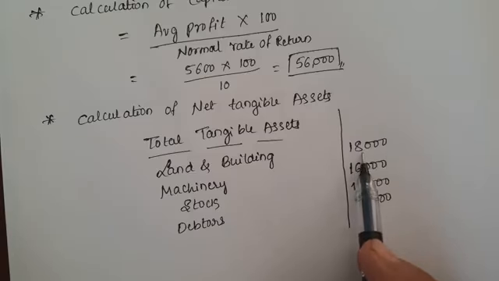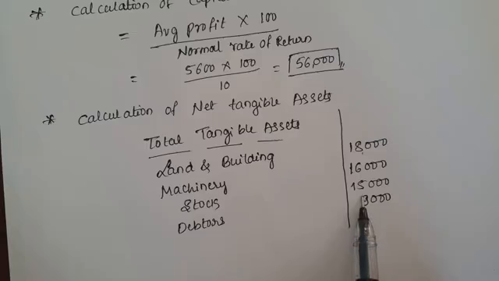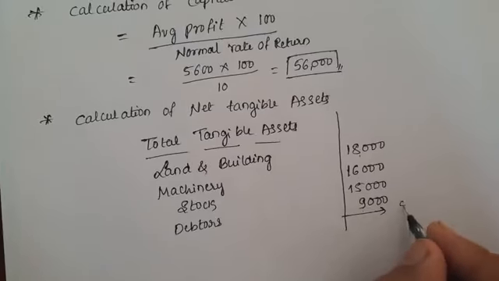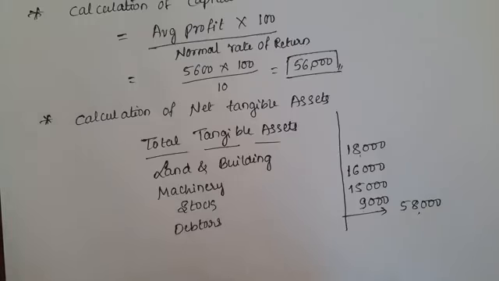Total 58,000. This is the total tangible assets.